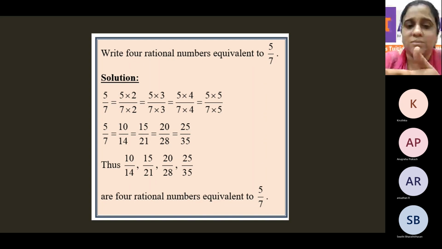If three remainders repeat, you will see in the quotient the same three digits repeating themselves. So this is the case where the quotient will be a non-terminating repeating decimal.